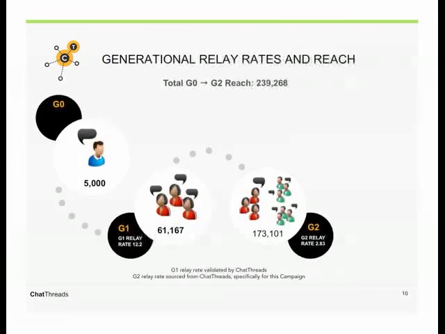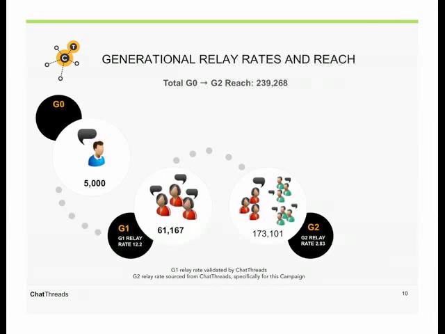So as I mentioned before, we measure the reach and the impact in terms of generations. The initial people who are engaged in any program, whether it's a sampling program, would be the number of people who received a sample, or the number of people who attended an event. If it's an influencer marketing program, it would be the number of influencers who were engaged.